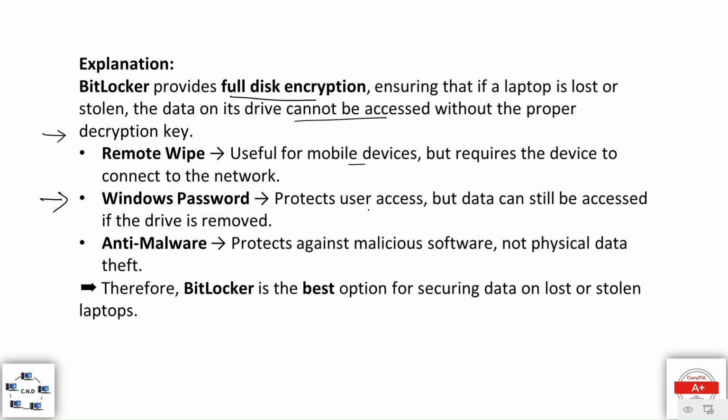Similarly, Windows password protects user access, but data can still be accessed if the drive, here meaning the hard drive, is removed or stolen. Anti-malware basically protects against malicious software but not physical data theft. So therefore, BitLocker is the best option for securing data on lost or stolen laptops as well as other mobile devices.